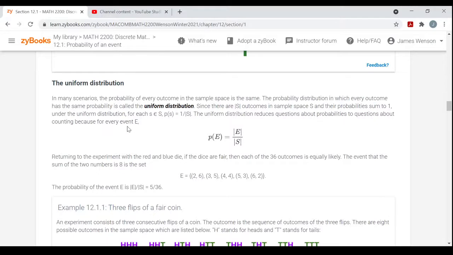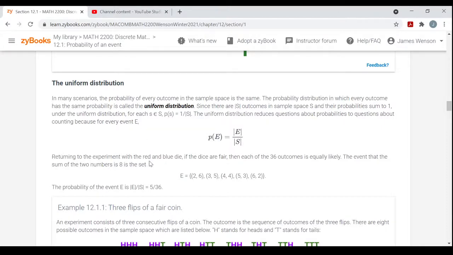Because if every outcome in the sample space has the same probability, then for any event E, the probability of that event occurring is just how many elements are in that event divided by the number of elements in the sample space. So you're just doing some simple counting and then division.